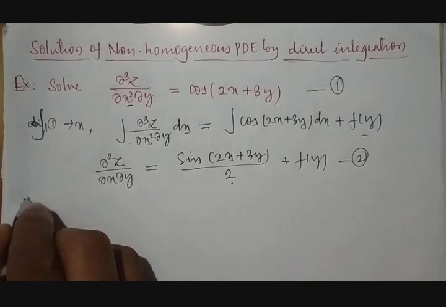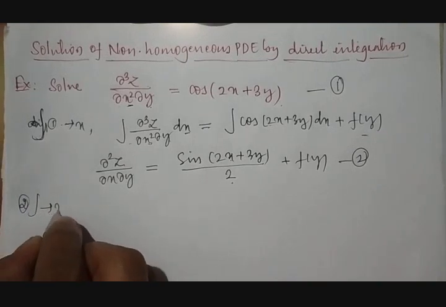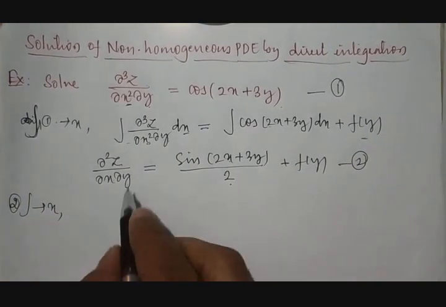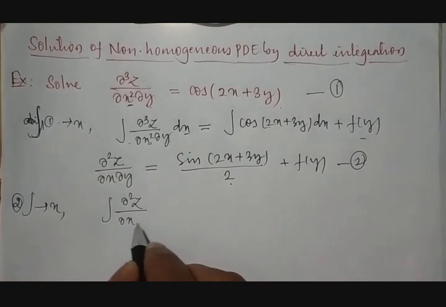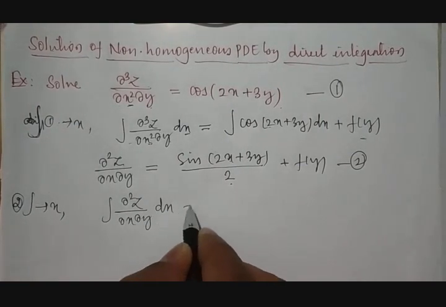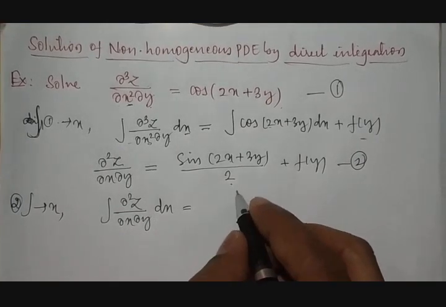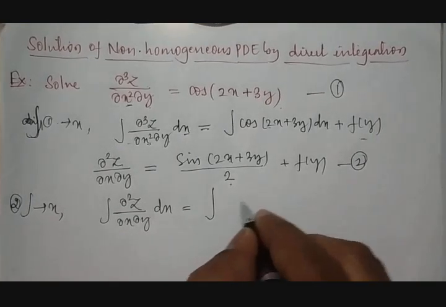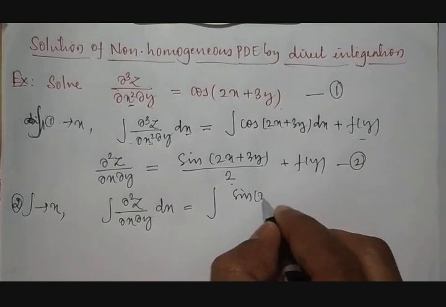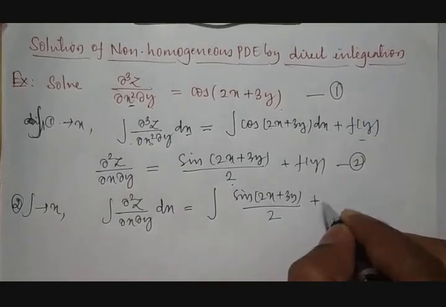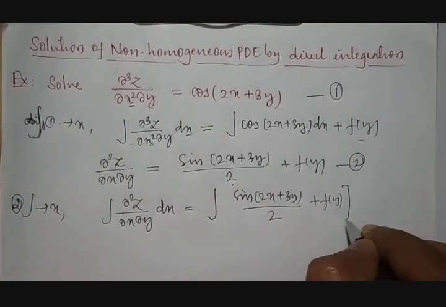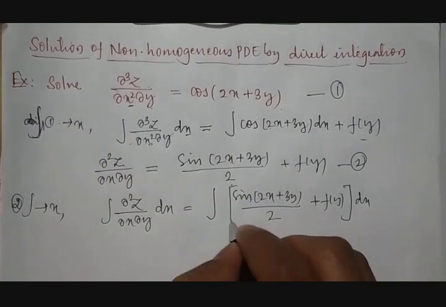Now equation number 2 will be integrated with respect to x once again. That becomes the integration of ∂²z/∂x∂y with respect to x is equal to the integration of sin(2x + 3y)/2 plus f(y) with respect to x.